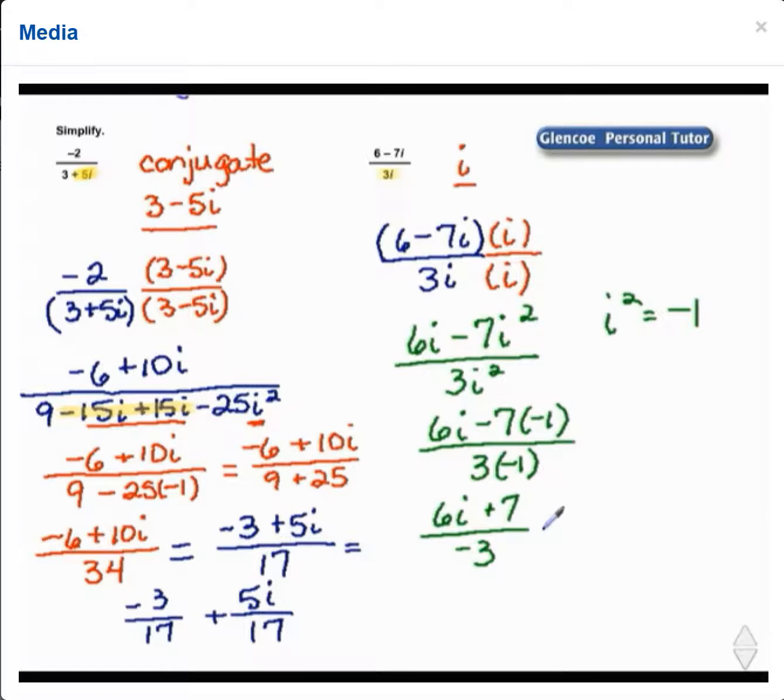So let's separate it apart first. And we're going to put the real part first, which is that part without the i in it. So that's going to be the 7 over negative 3. And then the imaginary part, that will be the 6i over negative 3.